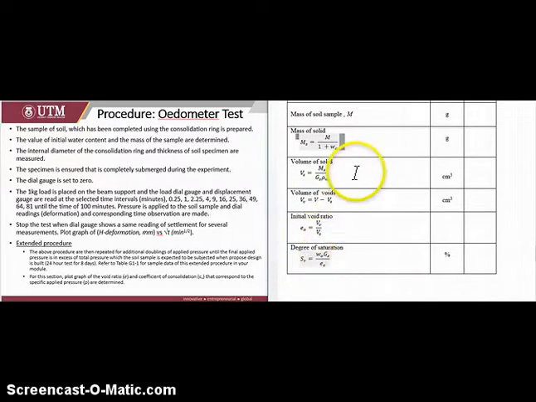And in order to do that, in the process you will have to assume an appropriate specific gravity. Usually we take from 2.5 to 2.8. You can take 2.7 as your Gs, specific gravity, and make sure to use the correct density of water according to the units.